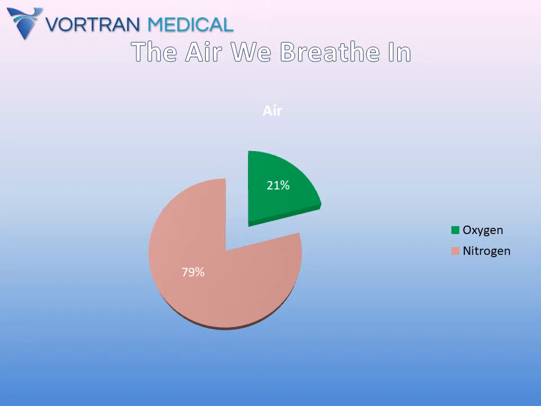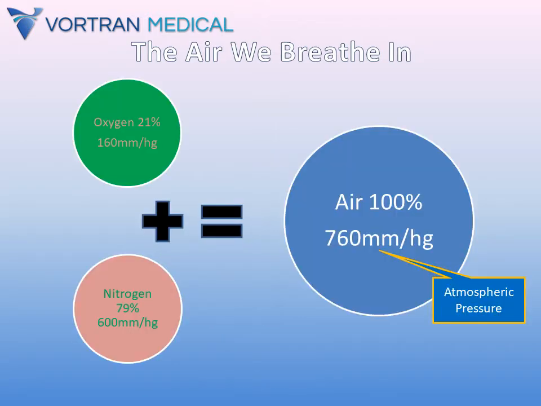For the purposes of this discussion, the air we breathe in is a combination of nitrogen and oxygen. For every 500 cc's of air we breathe in, only about 100 cc's is oxygen, and the other 400 cc's is nitrogen. Another way to express this is as a partial pressure. In that 500 cc breath we breathe in is 21% oxygen at 160 millimeters of mercury of partial pressure, and 79% nitrogen at 600 millimeters of mercury partial pressure.